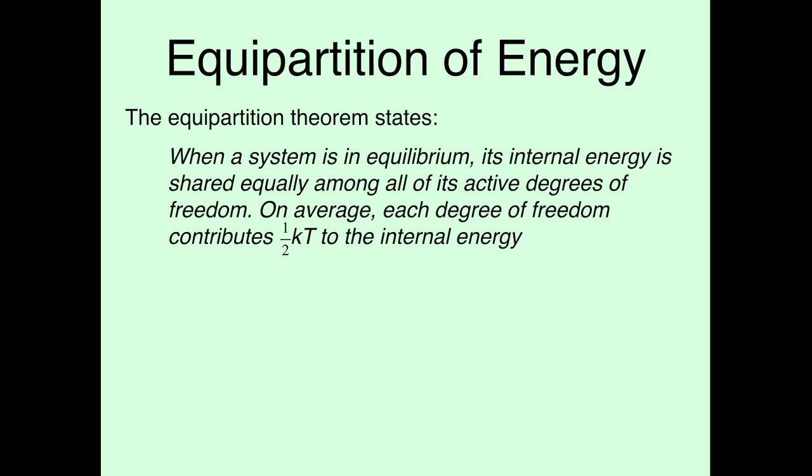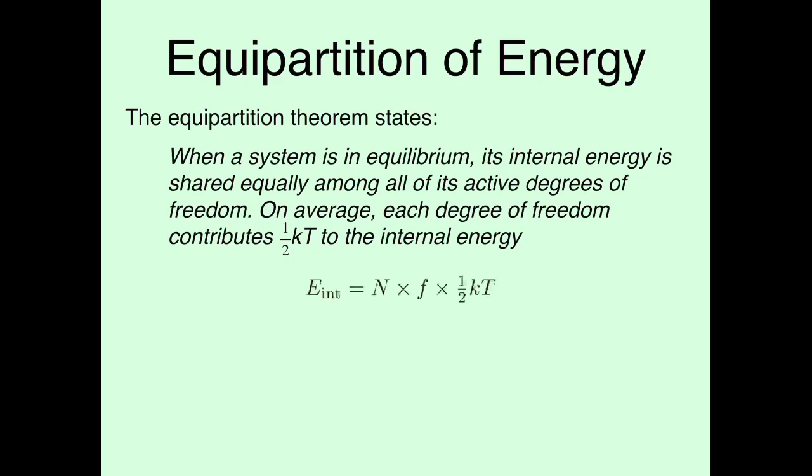So what this is saying is there's no degree of freedom that's favored. Okay, they all share the energy equally. So it's not like a vibrational degree of freedom has more energy than a translational degree of freedom. It's just shared equally. There's nothing that's favored over another.